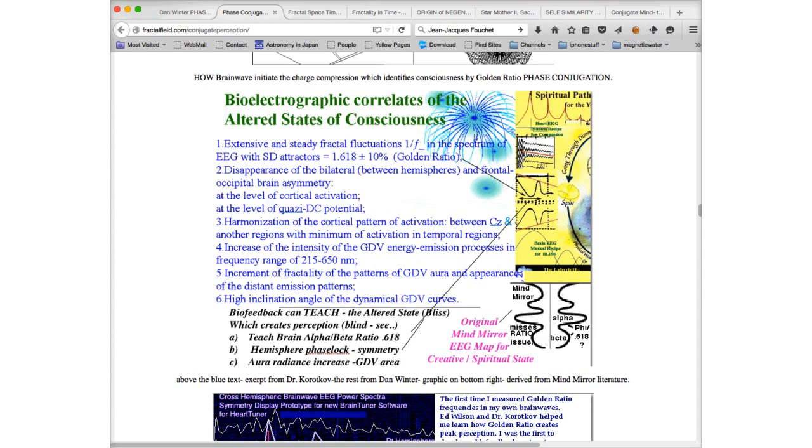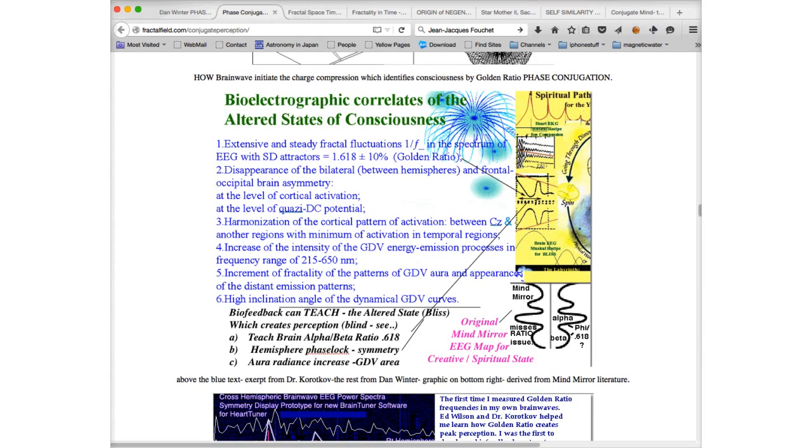You can see my little arrow. The right and left hemisphere. Here's the alpha peak and here's the beta peak. And if you actually make the measurements on their screen, which they never did, you find out that the ratio of the alpha peak to beta peak in hertz, the actual frequency ratio, was golden mean ratio. So the mind mirror people unknowingly proved that golden mean ratio was related to the creative and spiritual state, the same way that Korotkov did.